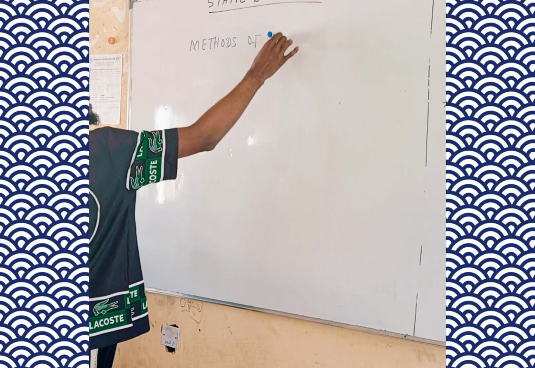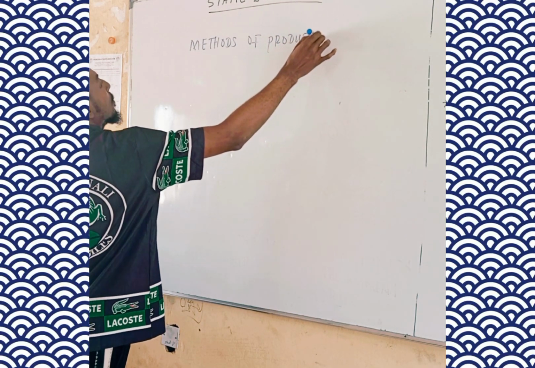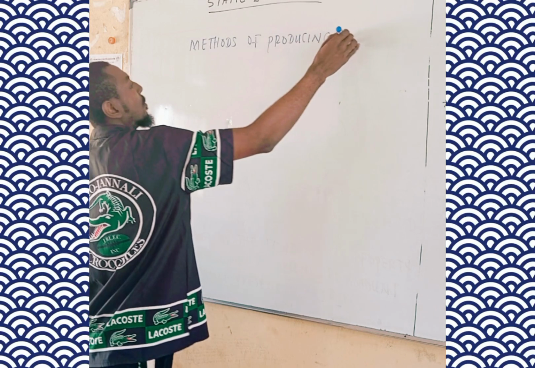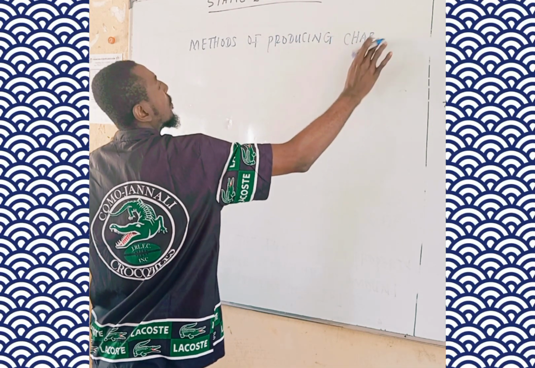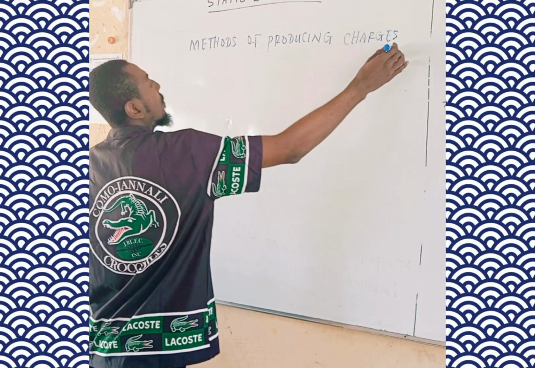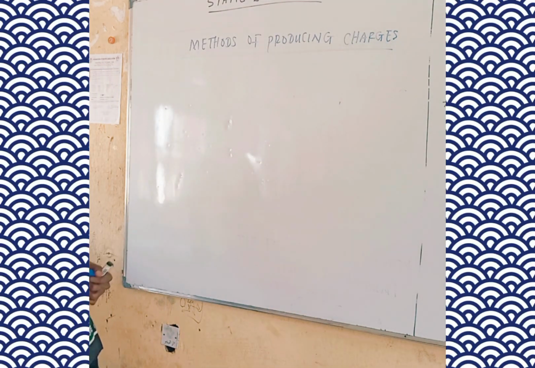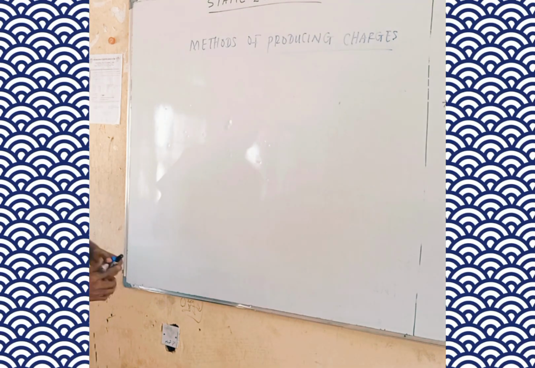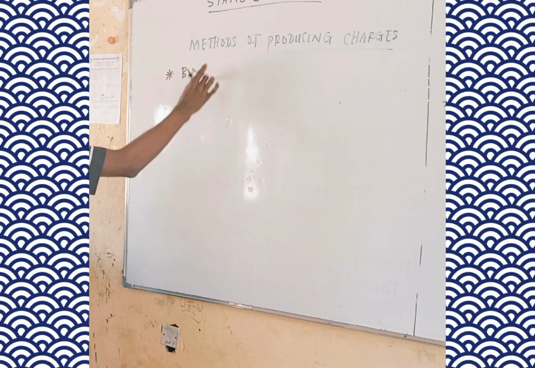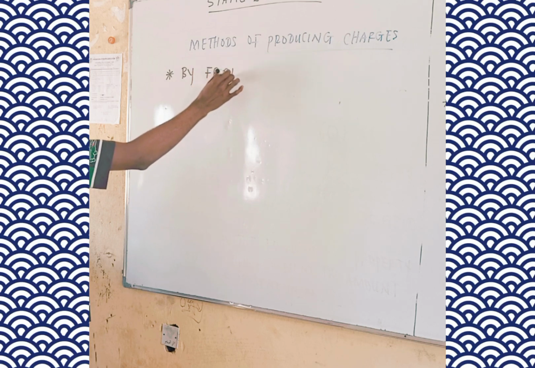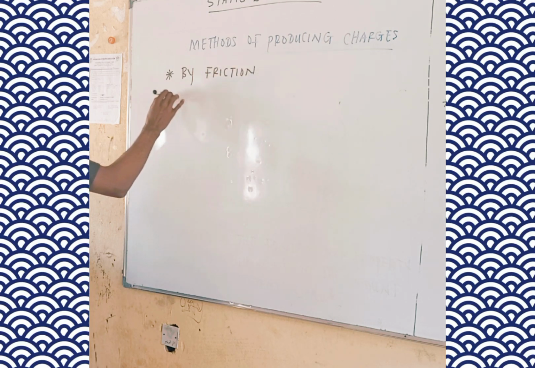Methods of producing electric charges. By listing, we have the first one is by friction, then by induction, and by contact.